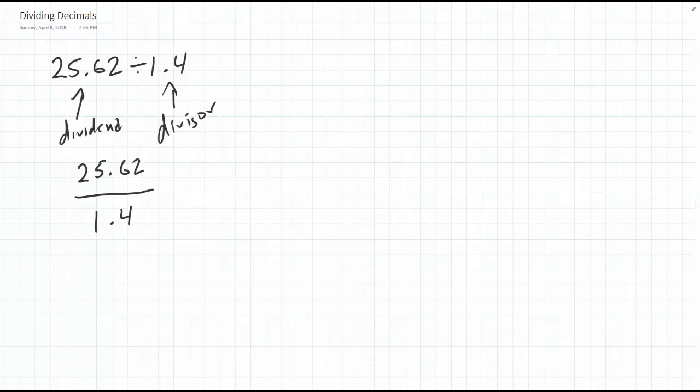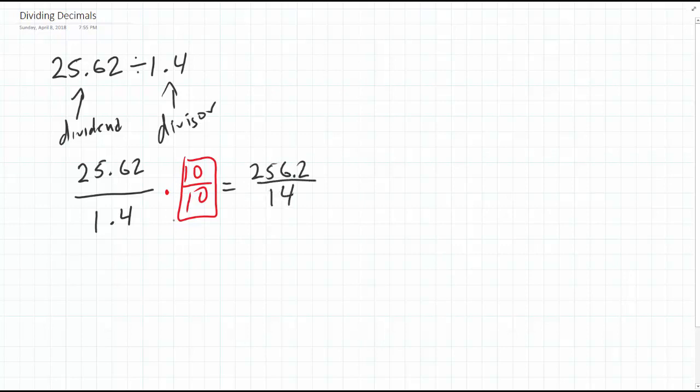So if I want to do that, I could actually multiply by the giant 1 and multiply the numerator and the denominator by 10. That gets rid of the decimal, and we have an equivalent fraction of 256 and 2 tenths over 14. Hopefully you remember that if we multiply by 10, since there's 1 zero, we move the decimal over one place value.